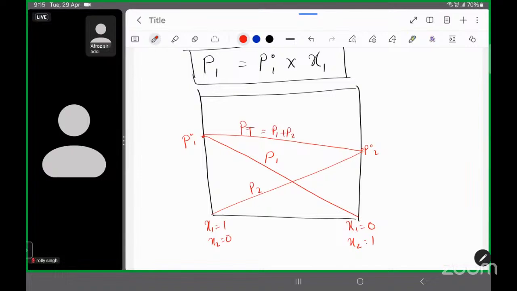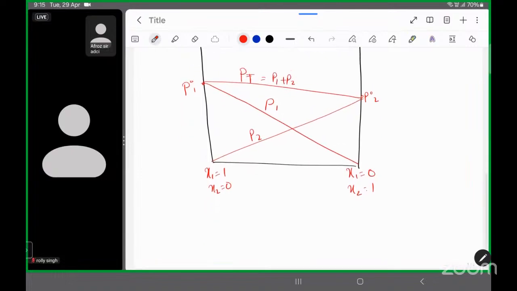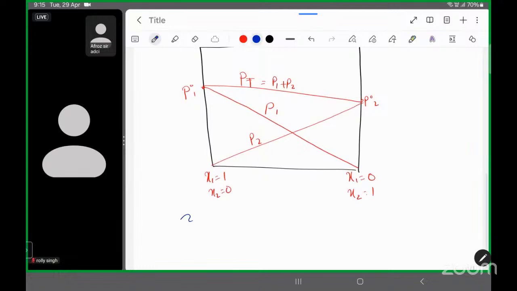This is the graphical representation of Raoult's law. Here this axis explains the vapor pressure, and this axis shows the mole fraction. Okay. Is that clear?